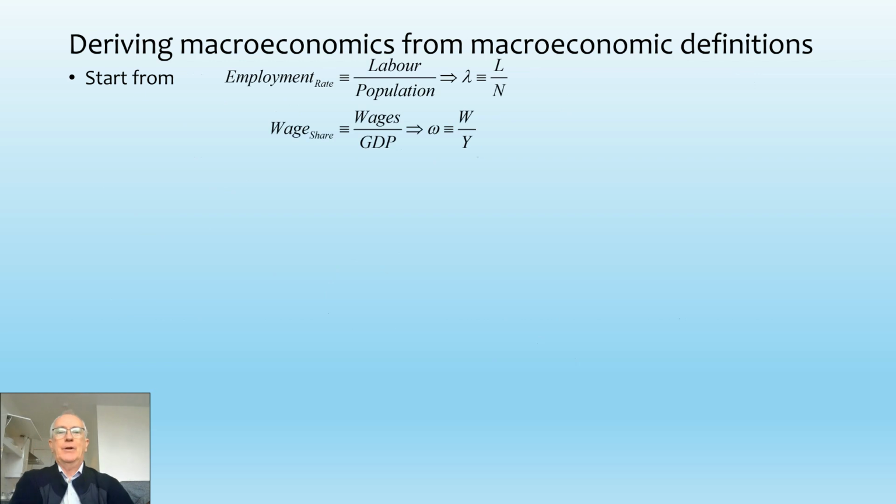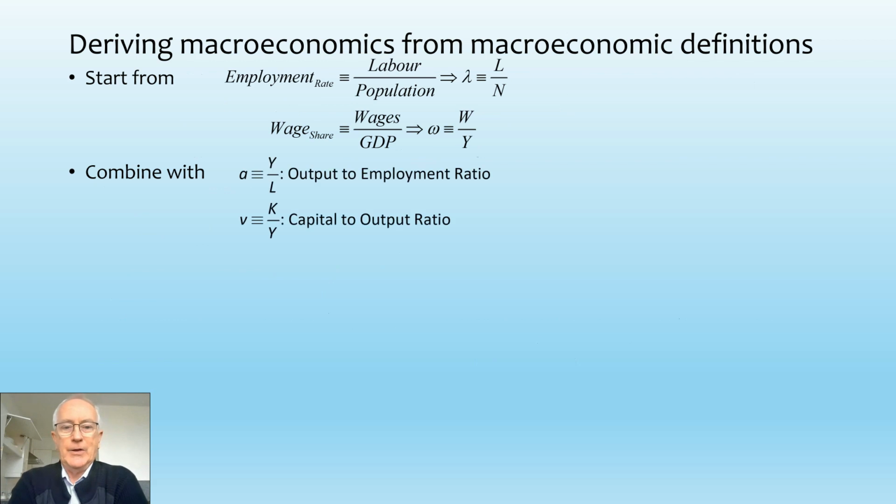So now I'm just spelling it out in more detail, and let's now combine that with other definitions. So again, I'm not doing the extra step I showed in building the flowchart model of talking about a capital to output ratio. I'll stick with the output to employment ratio, which I think Goodwin used the term A for, and I do as well.